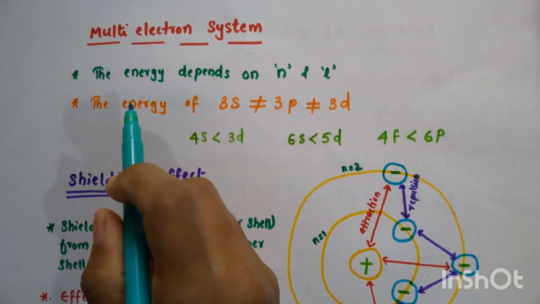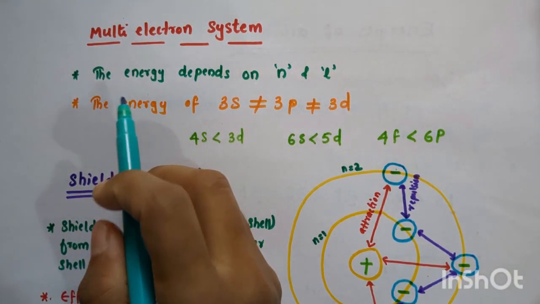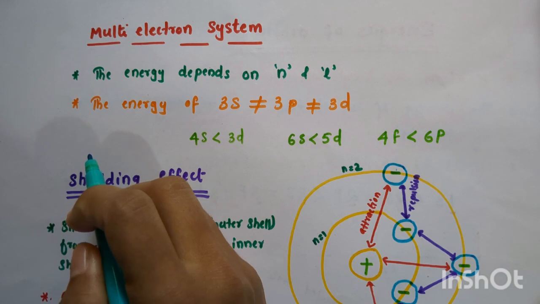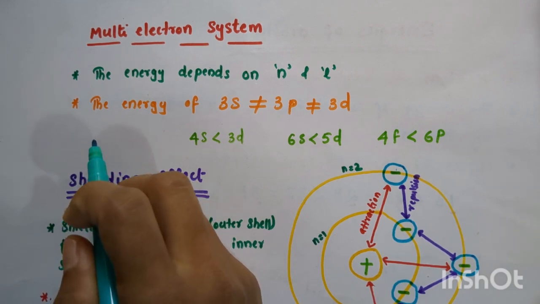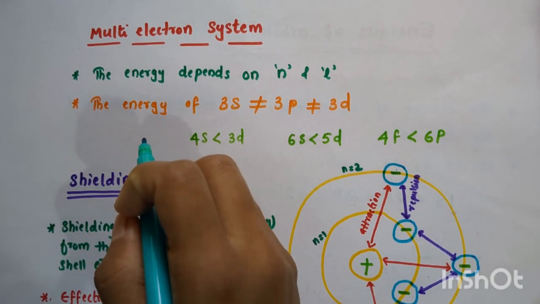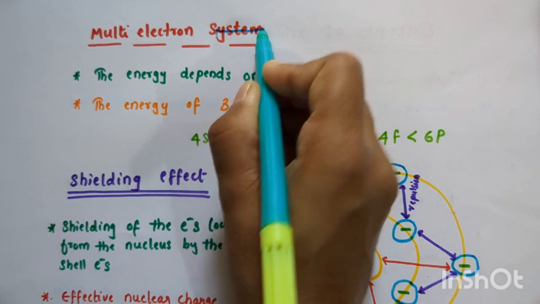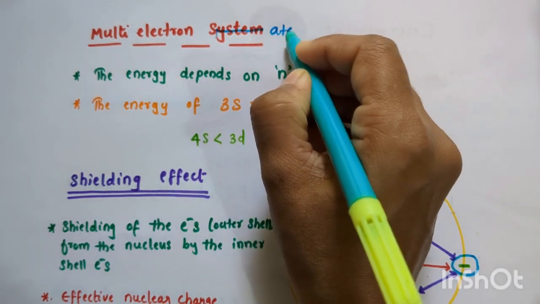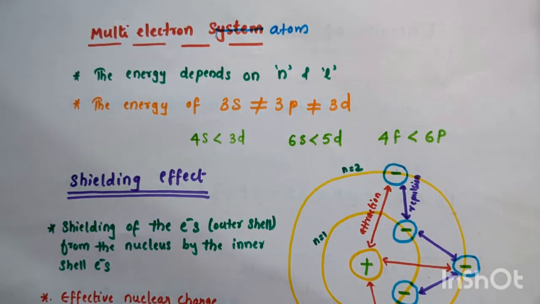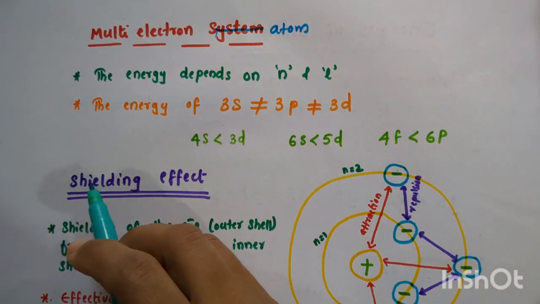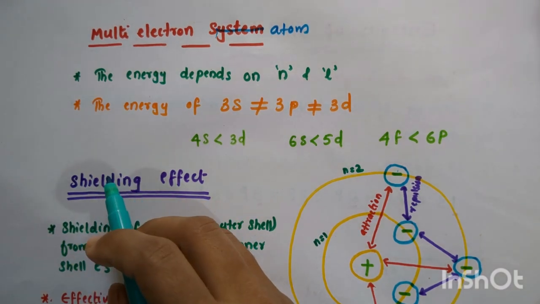Now, consider a multi-electron system. The hydrogen atom has only one electron, so it is a single electron system. A multi-electron atom will have more than one electron.